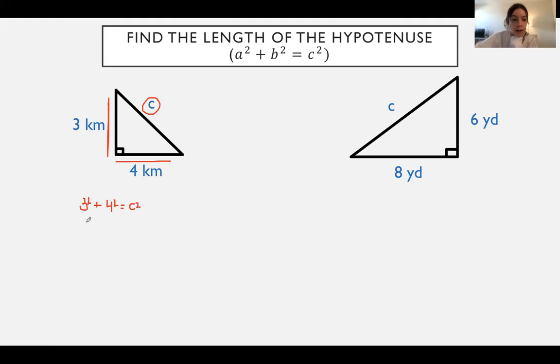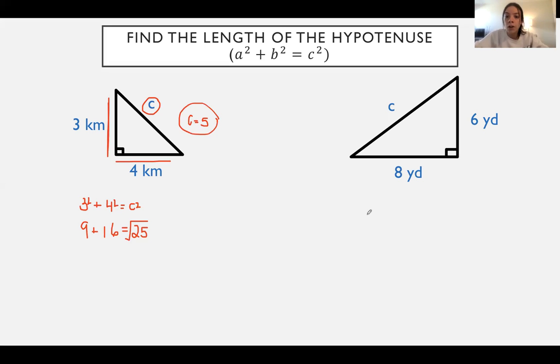So 3 squared is 9, plus 4 squared, which is 16. 9 plus 16 gets us 25. We still need to do the square root of 25, which is 5. So c equals 5, and that's our answer for this first one.